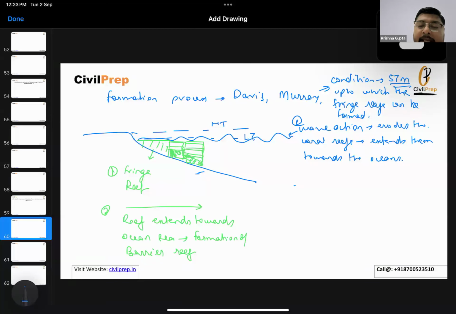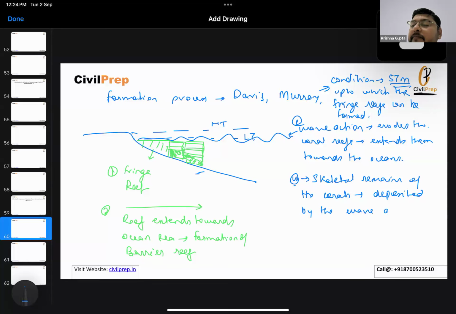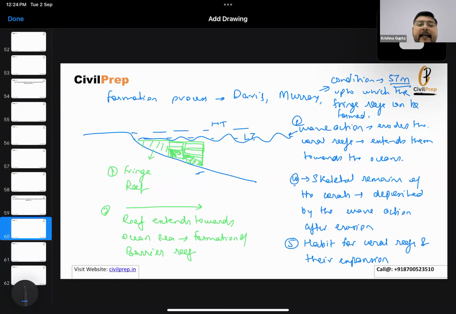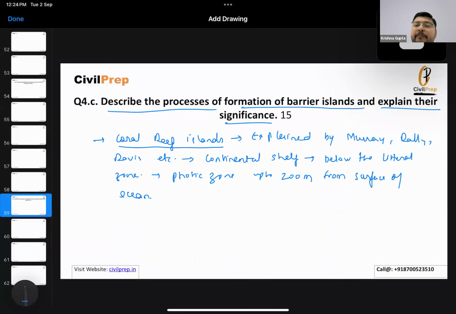So this extension takes place majorly because of the skeletal remains of the corals which have been deposited by the wave action after erosion. So basically this is forming a habitat for coral reefs and their expansion. So in this way, we see that there is development of a barrier reef.